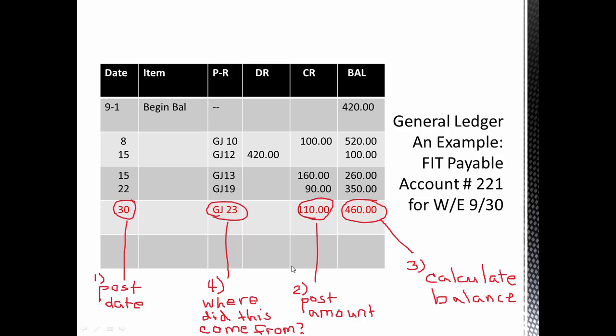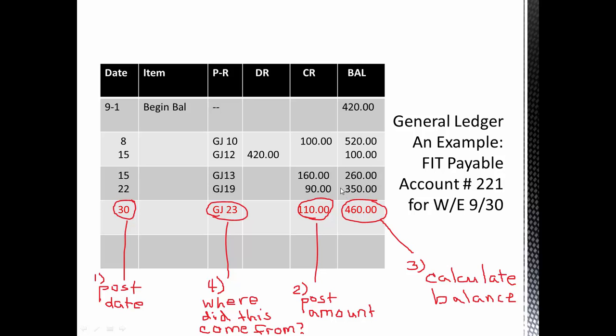Second step is to post the amount. It was 110 credit. The third step is to calculate our new running total balance. Now we have to know this is FIT payable. That's a liability account. Starts with a 2. Has a credit balance. That means every number in this balance column is a credit.